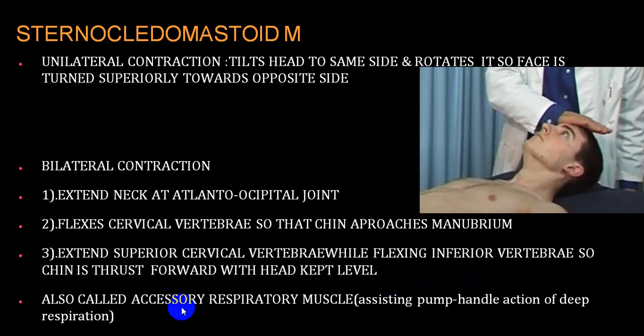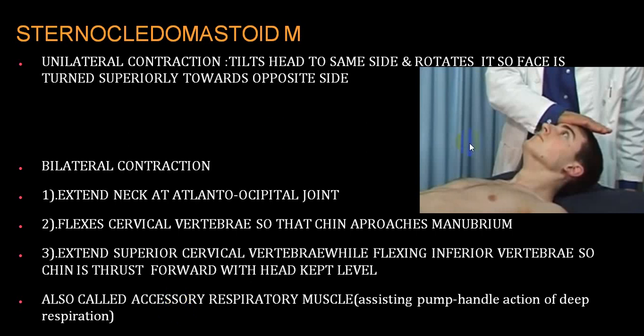Also, during heavy breathing, particularly in a person with respiratory distress, it will help to pull the thoracic part upward during deep inspiration, and that's why it is also called an accessory muscle of respiration. These are the different actions of sternocleidomastoid.